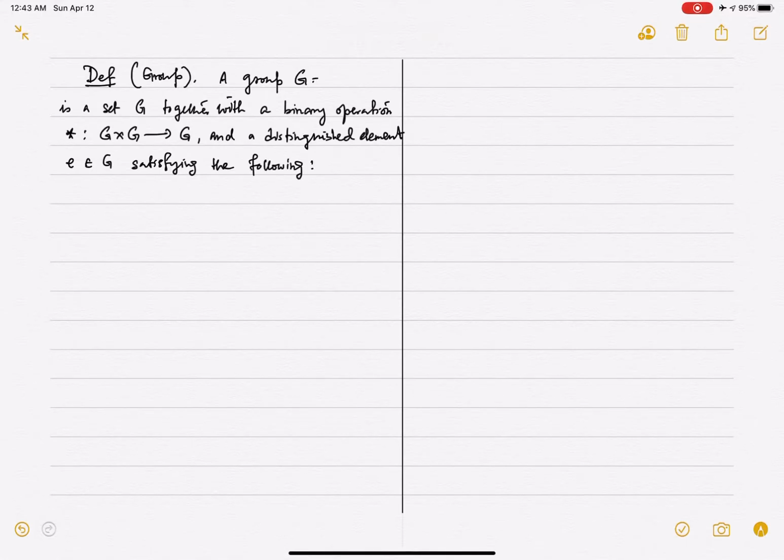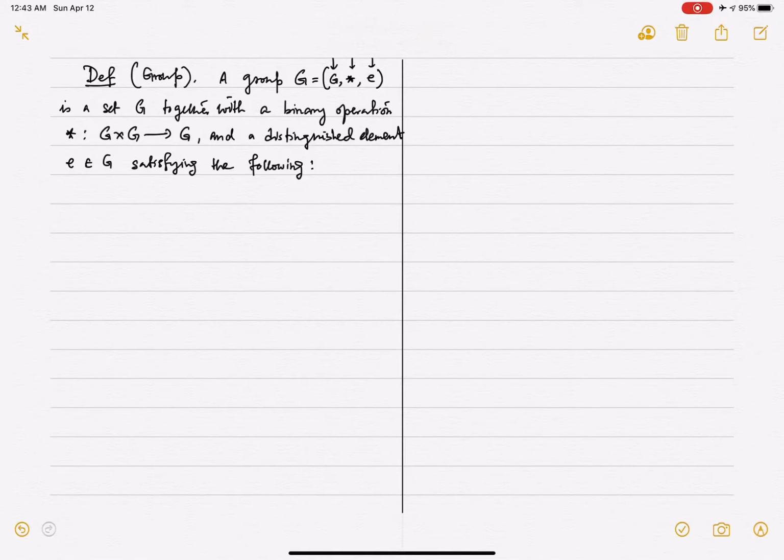So really a group is a triple: the set, the operation, and the special element. But we don't say the triple all the time. We'll just write G for the group. The other two things will be taken as understood. But to give someone a group, you have to give him the set, describe the operation, prescribe the special element.